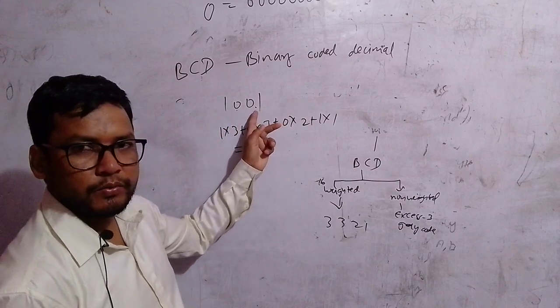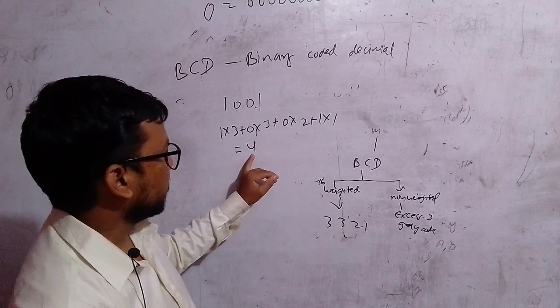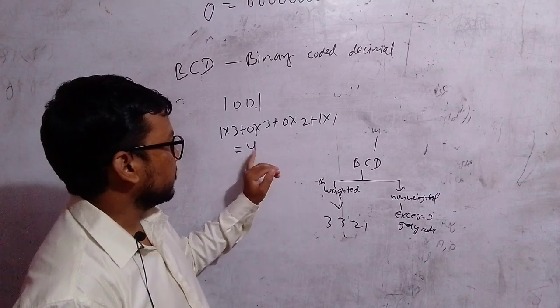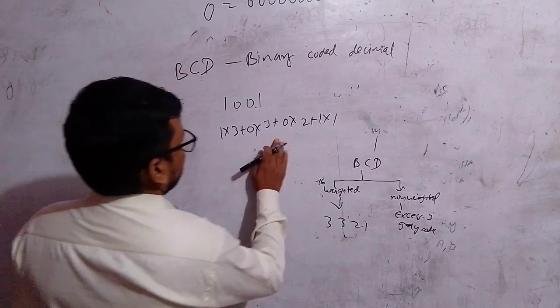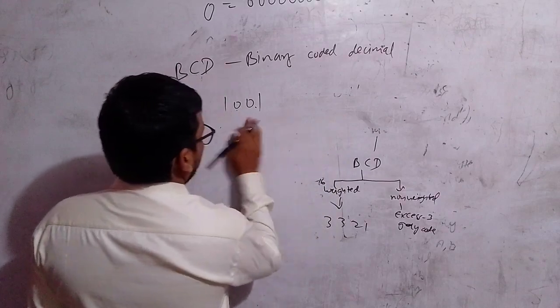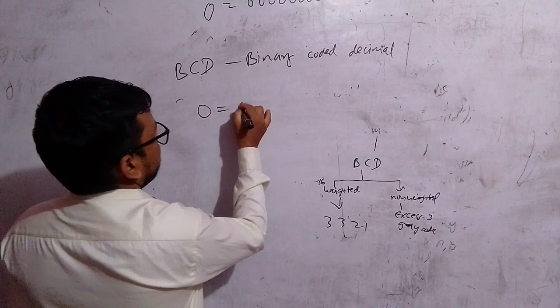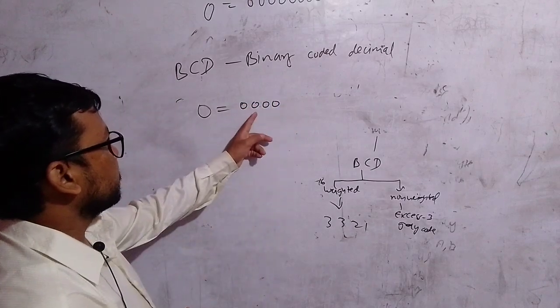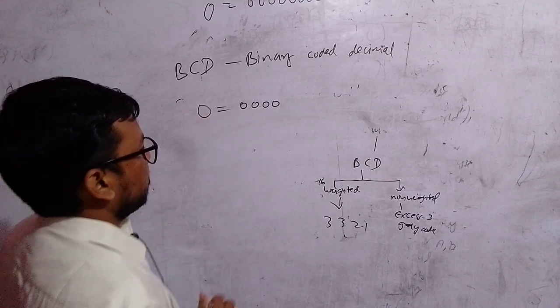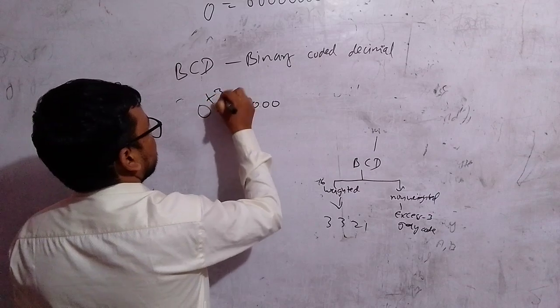If there is 1001 in the computer, that means it is stored as 4. This is the weighted format, and now the non-weighted format. Let's see XS3, how to represent it. Suppose 0 is given. How to represent it? 0000. This is the simple BCD equivalent of 0. Now XS3: we just need to add 3.